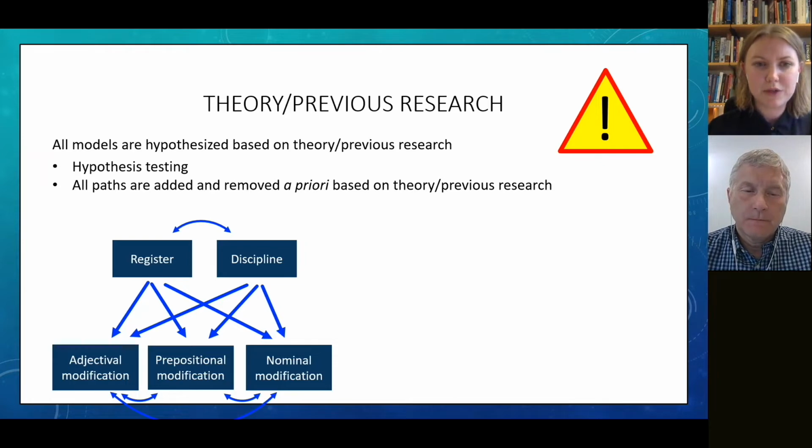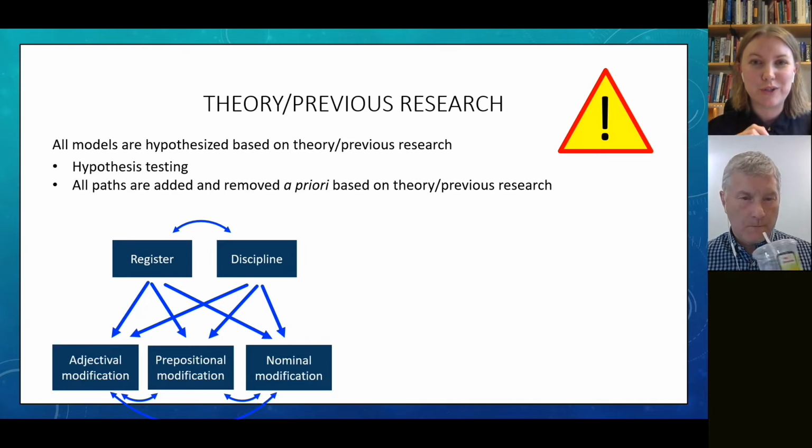Register and discipline here are our two independent variables. So now we've kind of turned the view here. And then we have three dependent variables: adjectival modification, prepositional modification, and nominal modification. We'll return to this more in the worked example at the end.